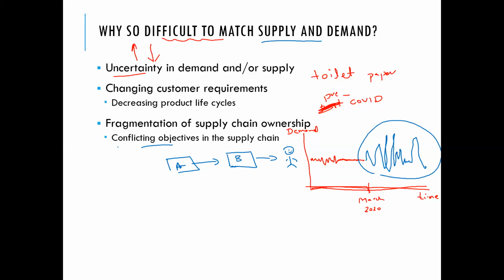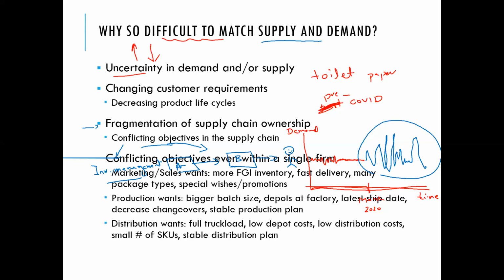We will discuss this in detail when we get to our chapter on inventory management, because this problem of conflicting objectives is highlighted when you have to manage inventories. So let's park this point for the chapter on inventory management. There are other reasons as well.